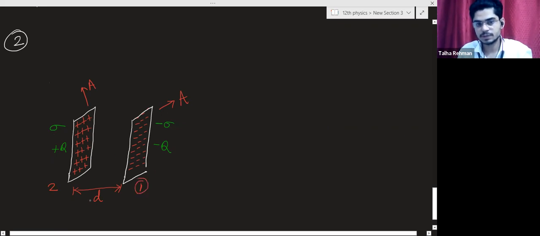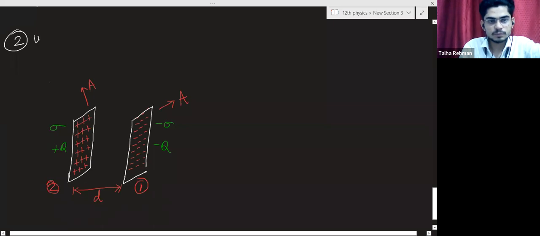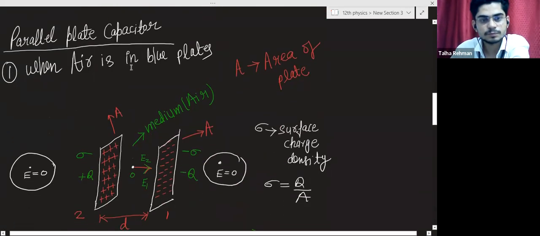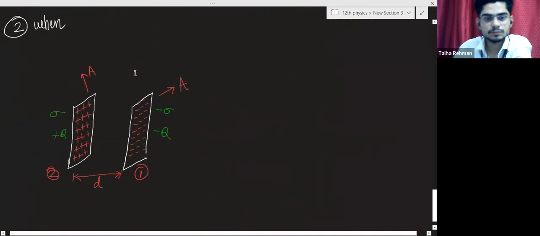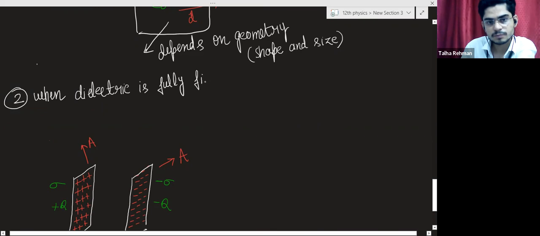This is plate 1, this is plate 2. Everything is same. But this time, when the dielectric is fully filled in between the plates.